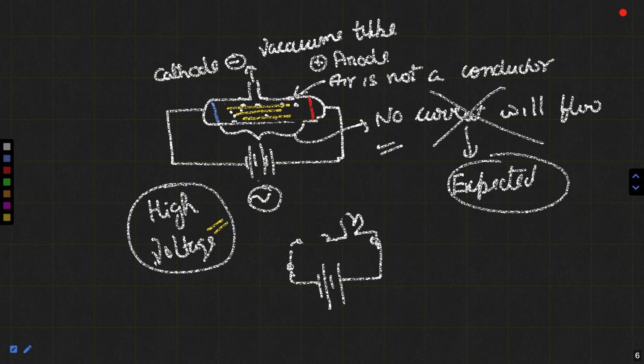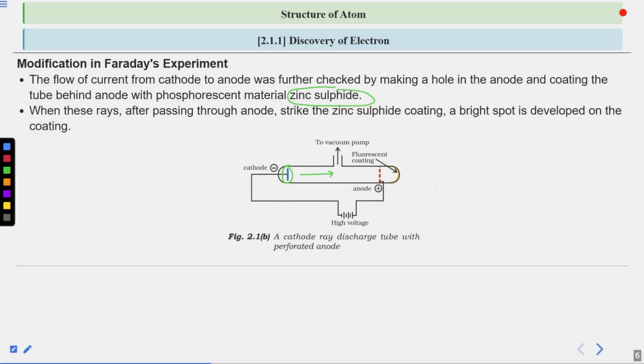And to confirm this, what did we do? So to confirm this, Faraday modified the previous experiment. The modification was that the cathode was kept as it is, but the anode was filled with holes.